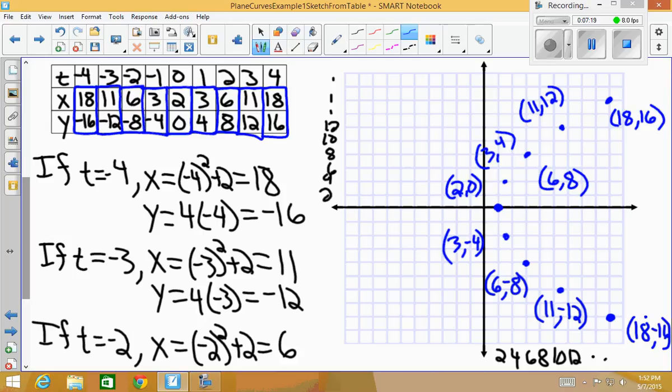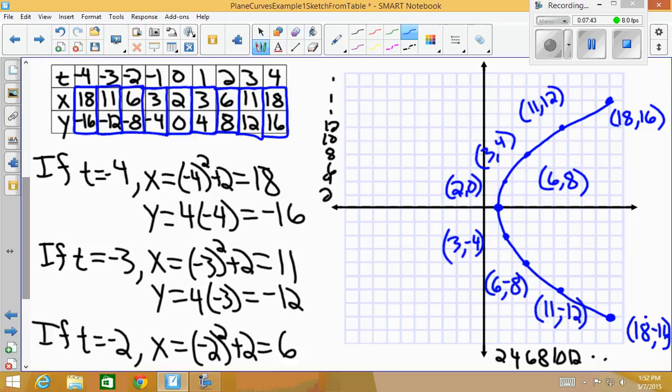Now we can connect our dots with a smooth curve. If we think of this as a point moving according to t, say, being time, then when t is negative 4, the point is down here at 18, negative 16, and the point travels in this direction until it reaches the point 18, 16.